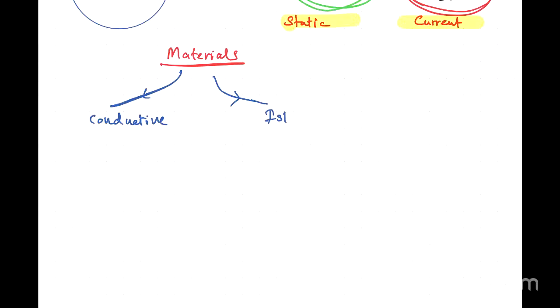Conductive means a certain property can be transported through it. That property can be thermal energy, electrical energy, sound energy, like those things. In this lesson, we mainly focus on electrical conductivity.